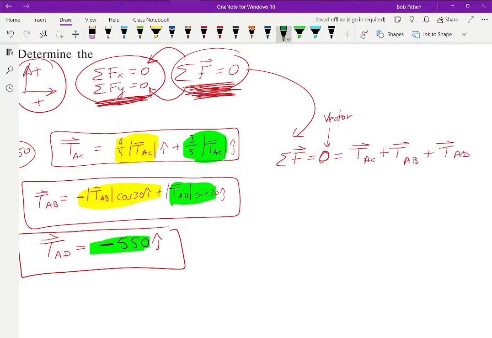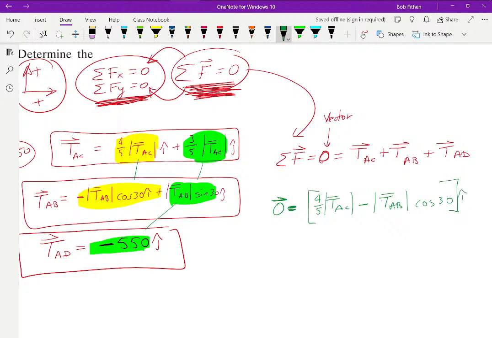So in fact, if I want to list this, I'm going to start putting an arrow across the 0 to indicate that it's a vector. We can look at that in a minute. What I'm going to do is grab the yellow ones and then the green ones. 4/5 TAC, the magnitude of TAC, minus TAB cosine of 30, that's i.